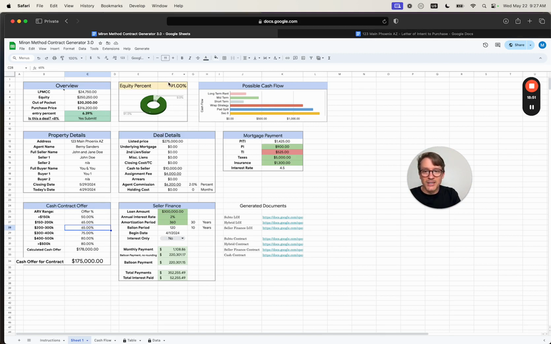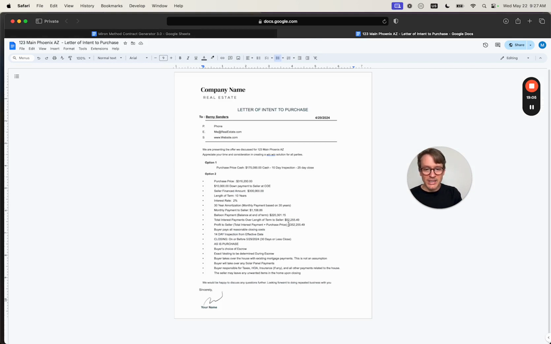So let's say it has a bunch of equity. You can get all your money right now, or I'll give you $10,000 now, 6,000 to your agent, and the rest of this is going to be on payments. And here's what it'll look like. In 10 years, I'll give you the balloon payment of a higher price than the 175 that I'd give you as a cash offer.